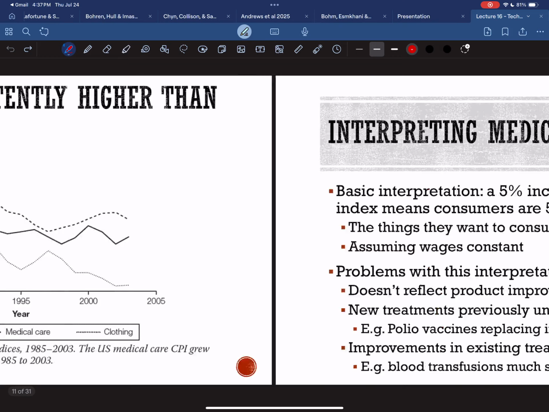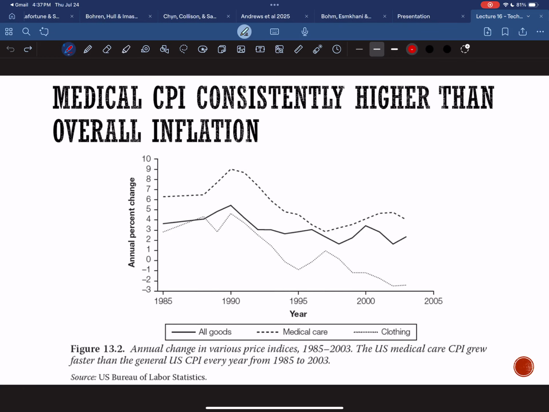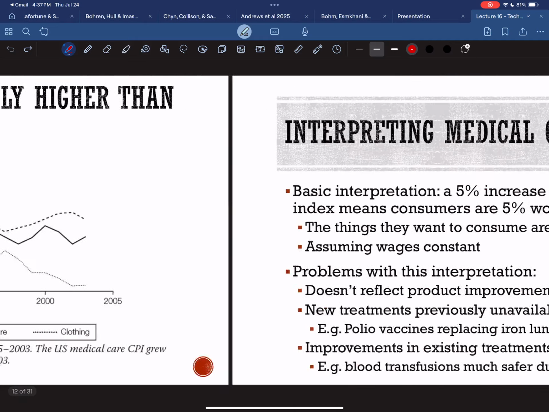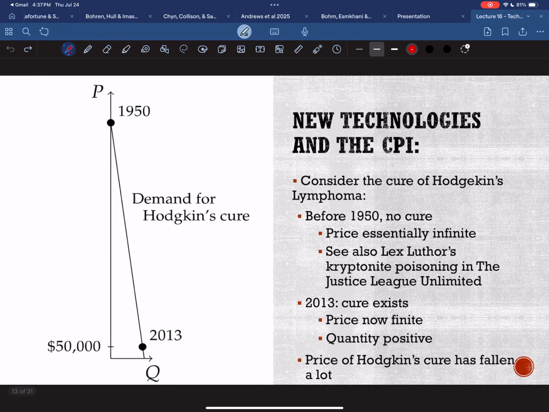Even if you take this at face value, it's not going to be enough to explain all the rise in what we're spending on medical care. But there's also reason to suspect that the medical care CPI is overestimating the amount of inflation, because it really struggles to account for improvements in treatment and new innovations.